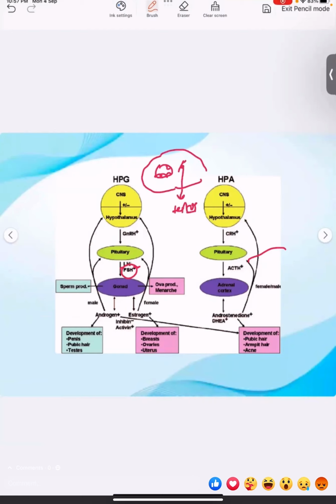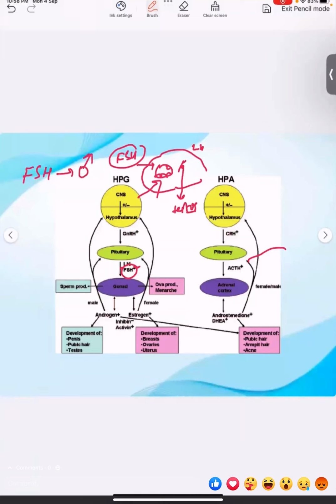Okay, LH, FSH. What is the function of the follicle stimulating hormone in case of male? What is the function of FSH in male?